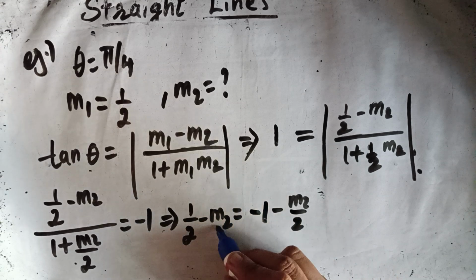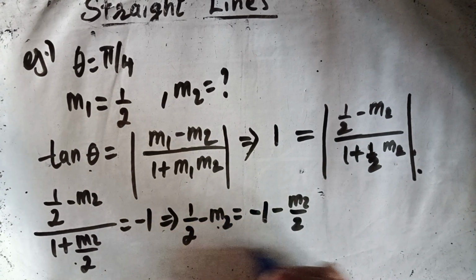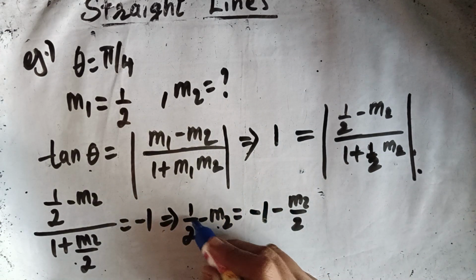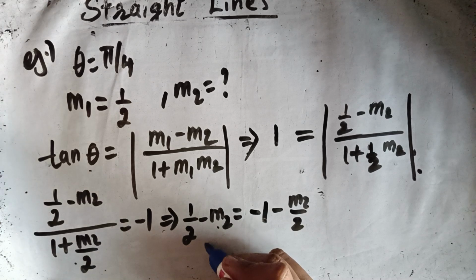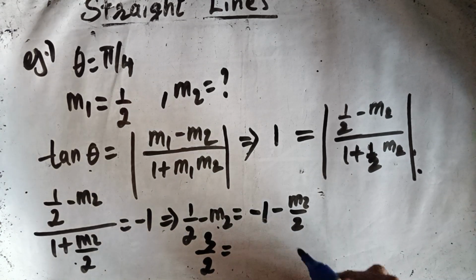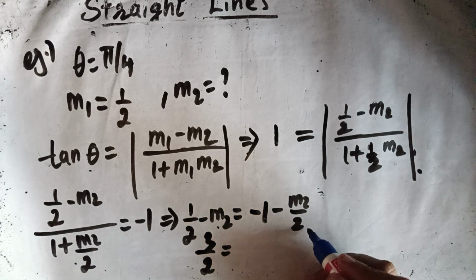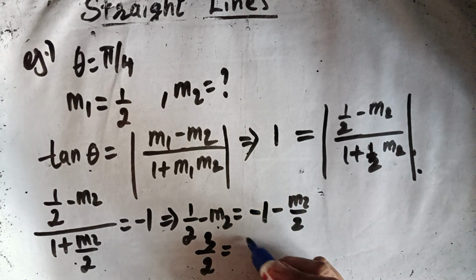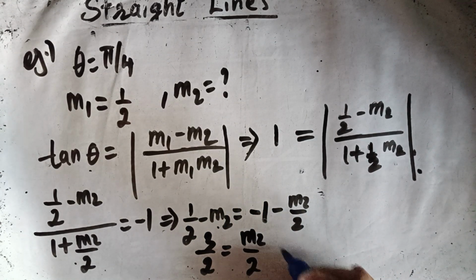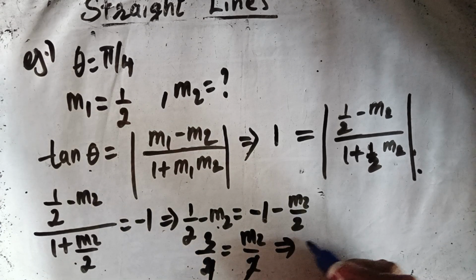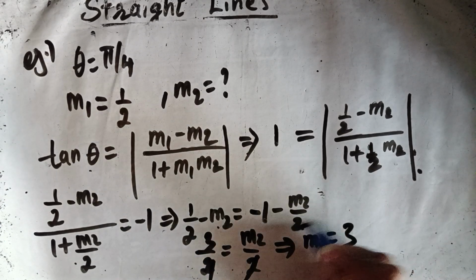So minus m2 plus half, or I'll take m2 this side. So half plus 1, this is 3 by 2, and m2 minus half. So 1 minus half, half. So the answer is 3.